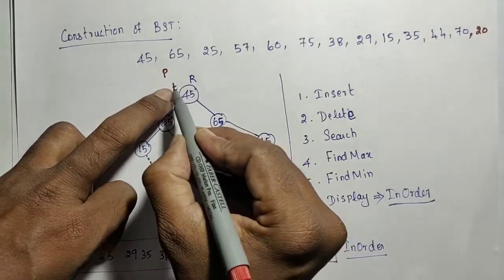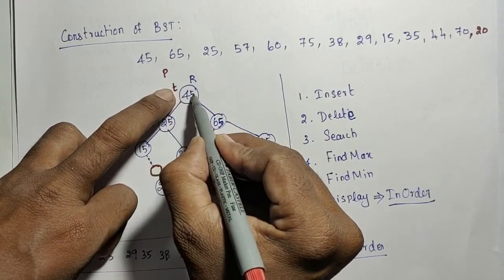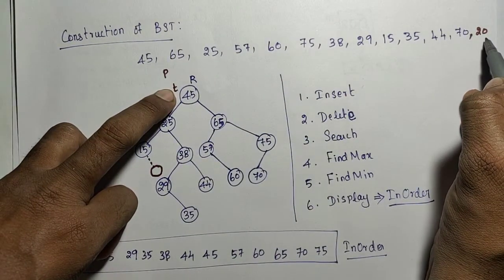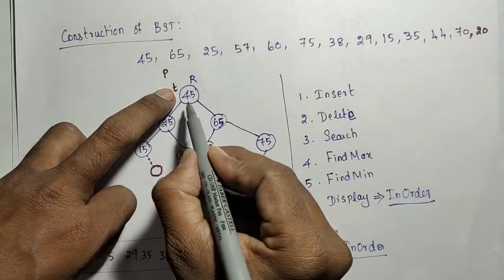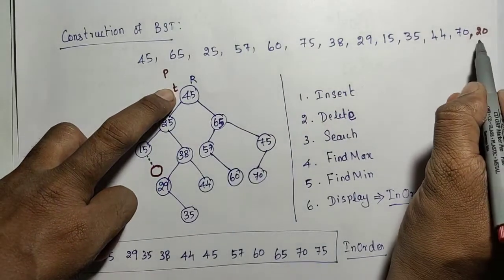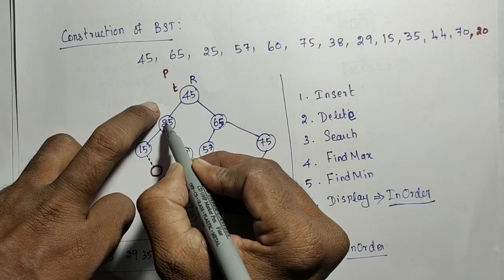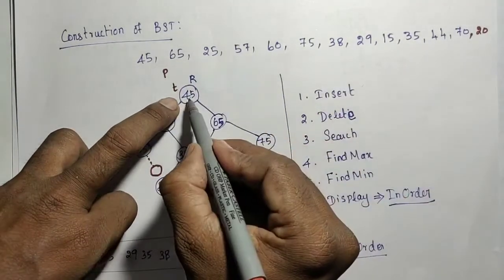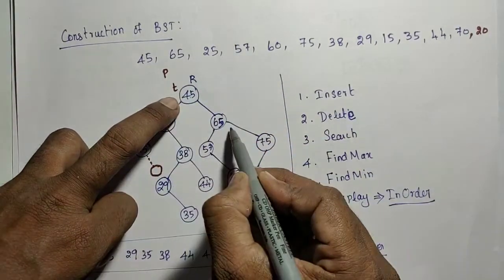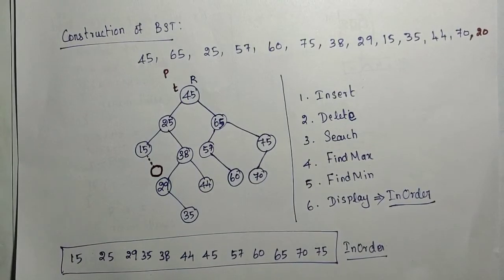Here we have to start comparing the t data with the new data. New data is 20, t data is 45, which is lesser. So I have to move t to the left side. Suppose the new data is greater than the t data, then I have to move t to the right side. That is the concept.